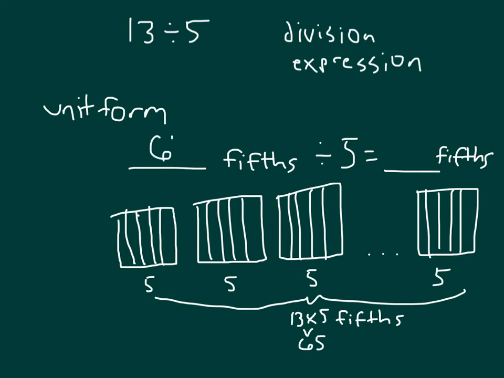So 65 fifths is equal to 13 wholes. 65 fifths divided by 5 is equal to 13 fifths. Just like my improper fraction that I was expressing before. 13 fifths. 13 divided by 5.